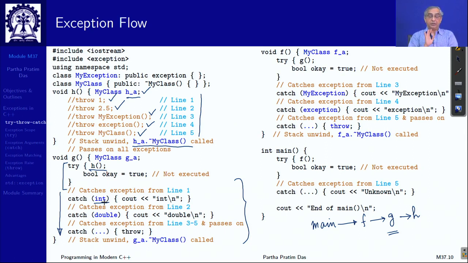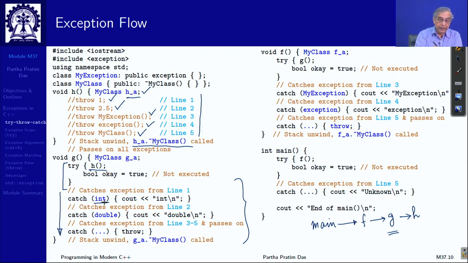But if it does not, then it moves on to the next catch clause, and this matching does not use any implicit conversion. It has to be either a perfect match, or it can match a specialized class object for a generalized class. That is, upcast is allowed, but implicit conversions are not allowed.